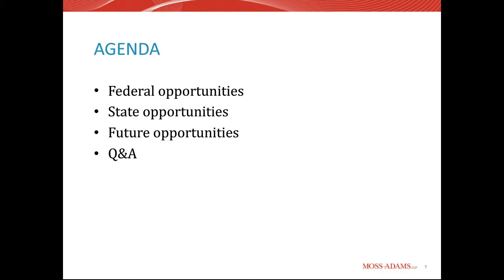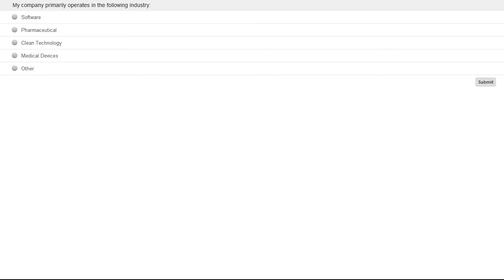Again, to learn a little bit more about you, we have back-to-back poll questions. And again, you just need to answer 5 of the 7 to get CPE credit. My company primarily operates in the following industry: software, pharmaceutical, clean technology, medical devices, or other.